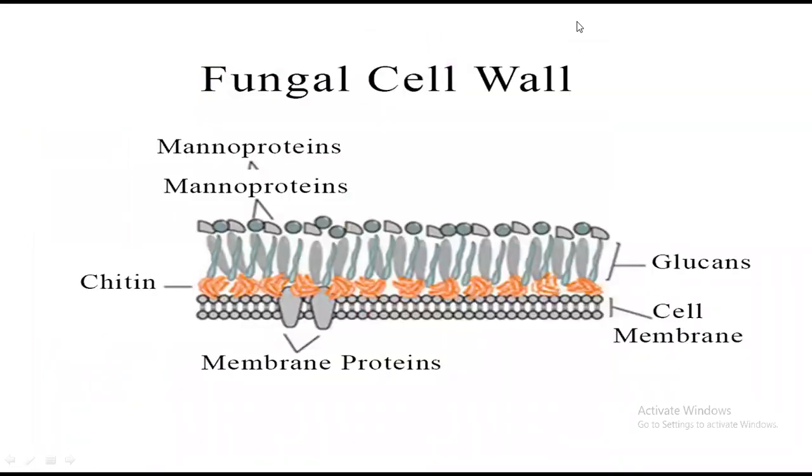If we take the fungal cell wall, the same is the case. These mannoproteins are proteinaceous components present on the surface of the cell wall of fungi. If we add 100% alcohol, these proteins are directly coagulated, so it cannot enter the cell.